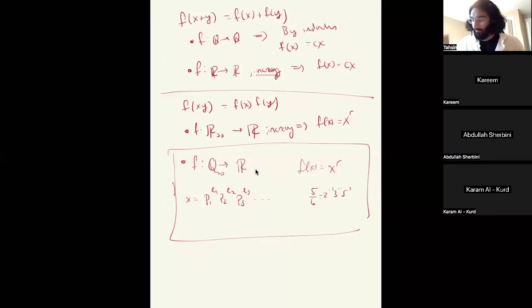And then the idea is f of x is equal to f of p1 to the e1, f of p2 to the e2, f of p3 to the e3, and so on. And this is actually a general solution. You can choose f of p1, f of p2, and so on completely freely. Does it make sense what I'm saying?